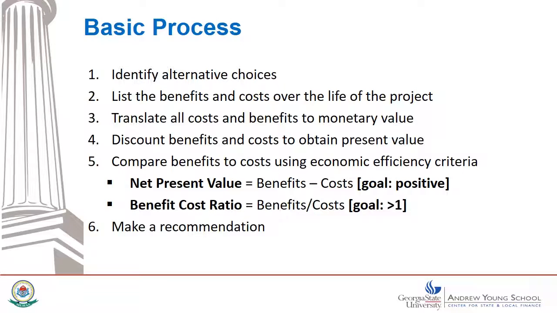The second economic efficiency test is the benefit-cost ratio, or benefits divided by costs. Economic efficiency is when the result is greater than 1. The last step is to make a recommendation. Using our example, it would be either saving the money or starting a new clinic.